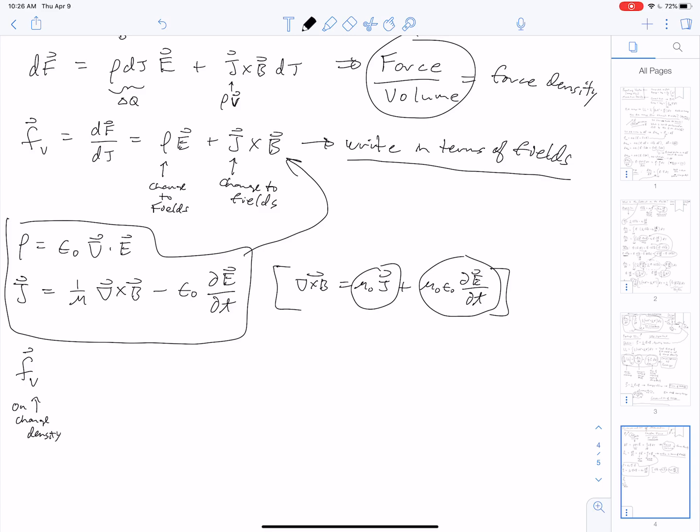Don't forget what it is equal to, and now I will plug those things in.